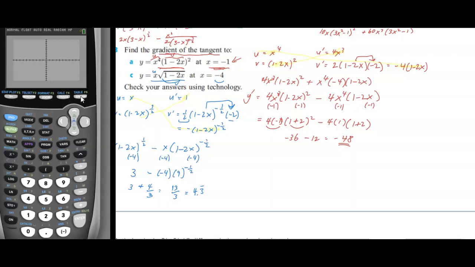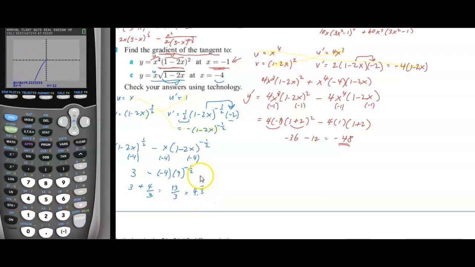And then I'm going to do second calc dy dx and type in -4. And that's going to give me, hopefully, 4.33. So second calc dy dx, which is number 6, and then type in -4. And the answer is 4.33.